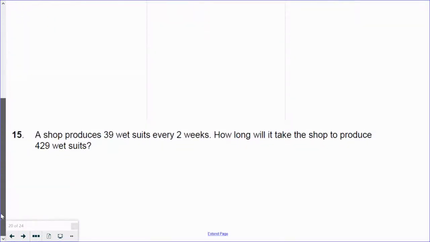Now, don't forget, when you go to set these up, a shop produces 39 wetsuits every 2 weeks. How long will it take the shop to produce 429 wetsuits? Okay, so we have our wetsuits over our weeks.